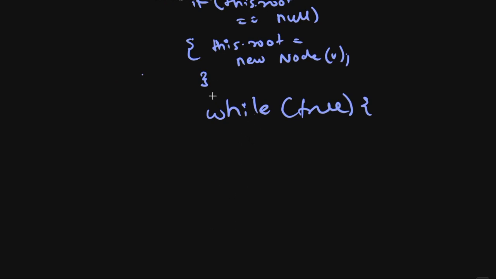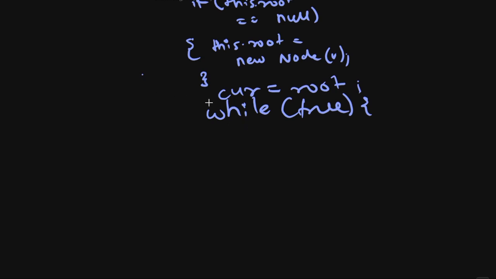Before that, if you have to traverse from the root, you would need some temporary variable so that you don't lose your direction to the root. So let's say I take a current which is equal to the root variable. This would be of type node.